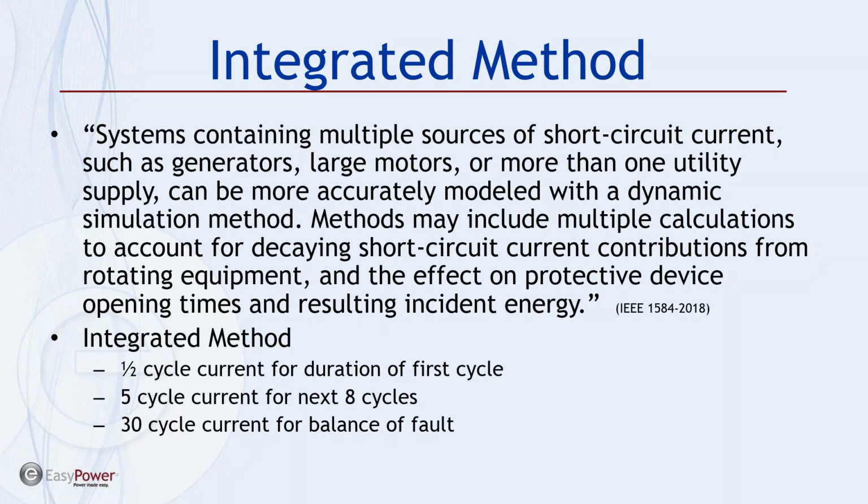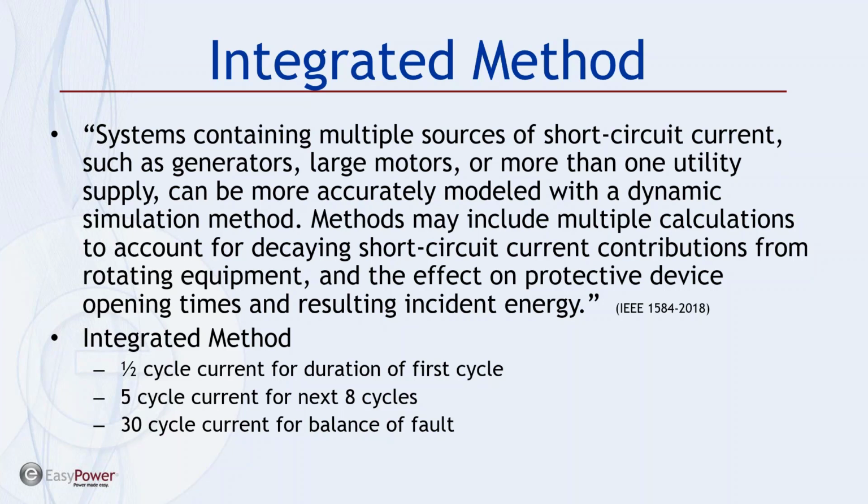Which brings me back to EasyPower's integrated method. As you will find in the help system, when you look up the definition of integrated method, when it's selected as our calculation for current source, for the first cycle, we use momentary current to integrate the energy for that current.